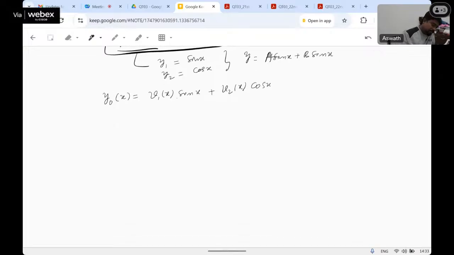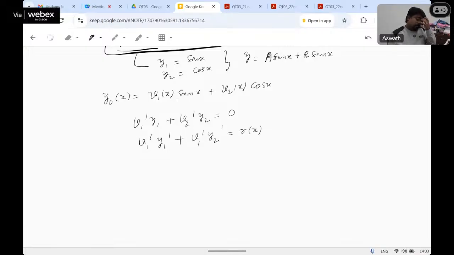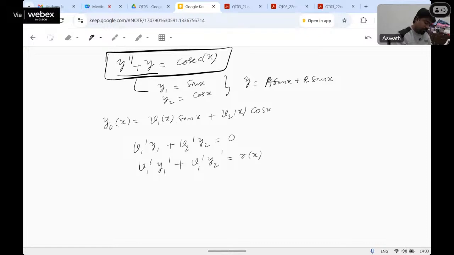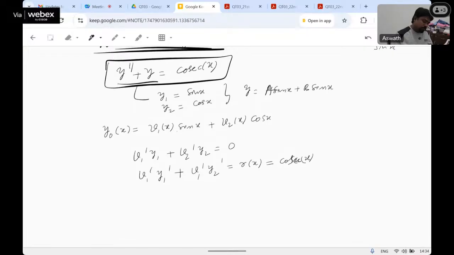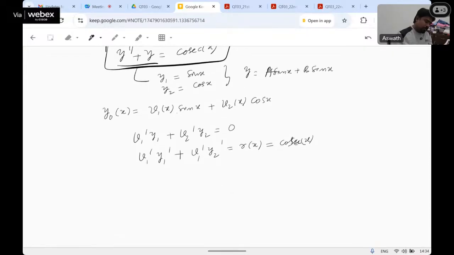Now when I make this assumption, earlier I mandated v1' y1 plus v2' y2 is equal to 0, and v1' y1' plus v2' y2' is equal to r(x). As per the given problem, r(x) is cosec x.